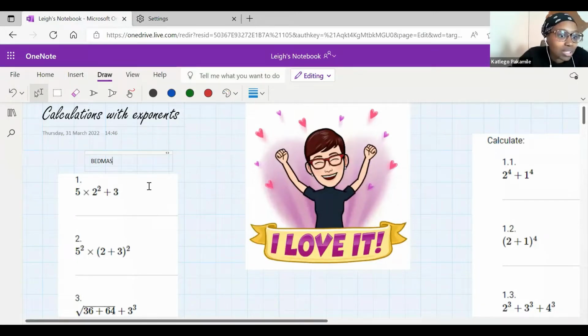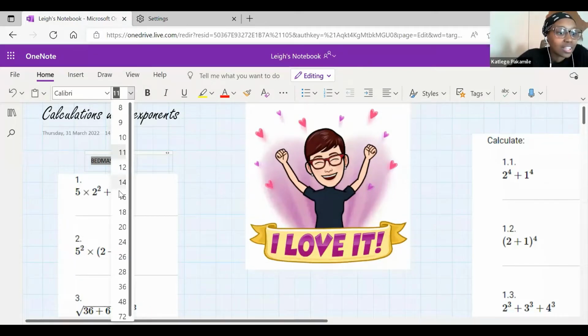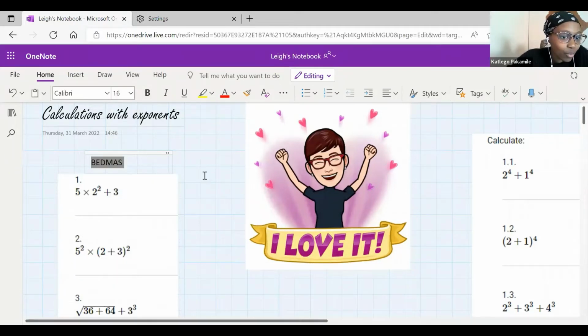What does B stand for? Ponolo? Yes. B stands for brackets. Brackets. E. E is for? Ours is written in BODMAS, not E. Okay, so what does the O in yours stand for?